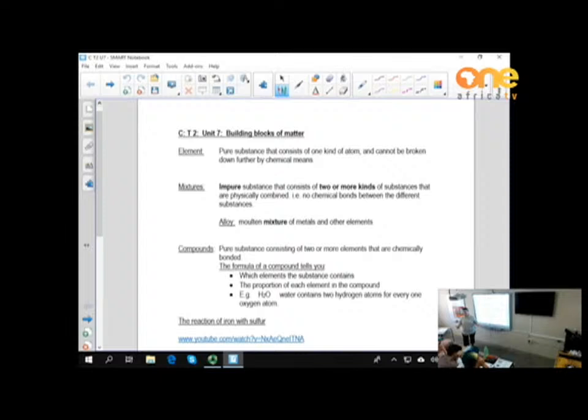Now, depending on what we have, we know we get different types of bonds. You've done covalent bonding and you've done ionic bonding. Another one that we will be doing soon is metallic bonding. Depending on the type of bonding, it depends on what particles make up the substance. If I have a covalently bonded substance, we refer to those particles as molecules.